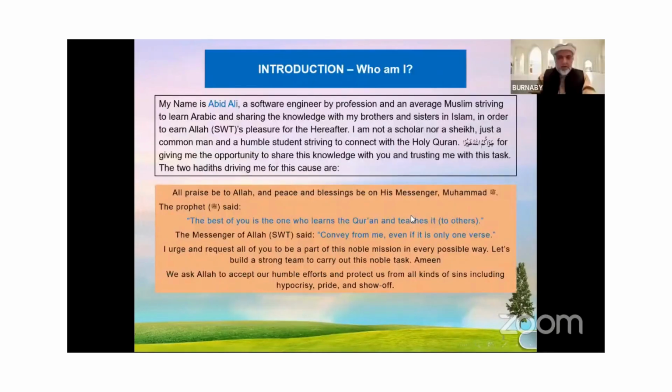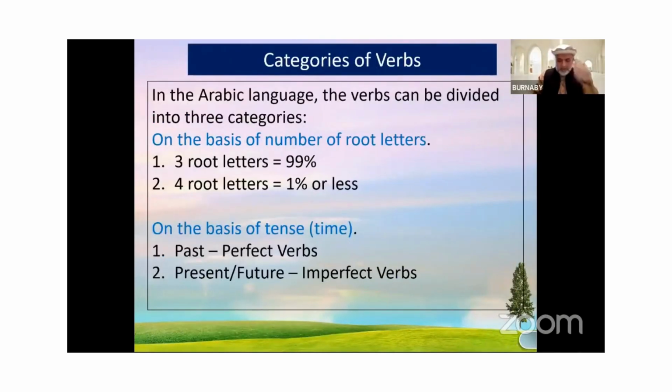Okay, so we were right here. We are talking about weak verbs. So how do we decide that this is a weak verb or this is a strong verb or sound verb? If we think about the basis of the number of root letters, how many root letters do we have in verbs?